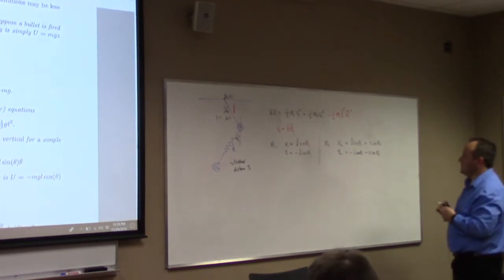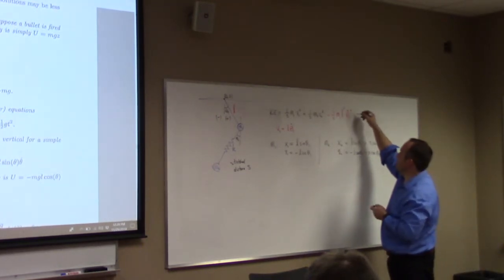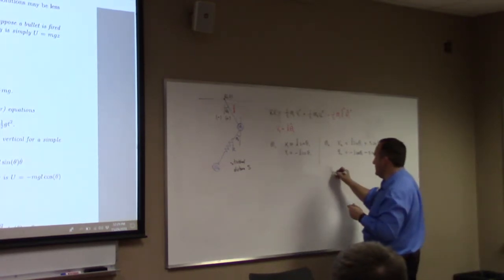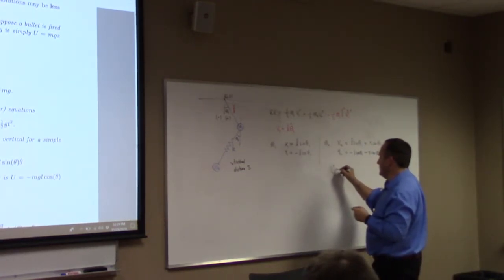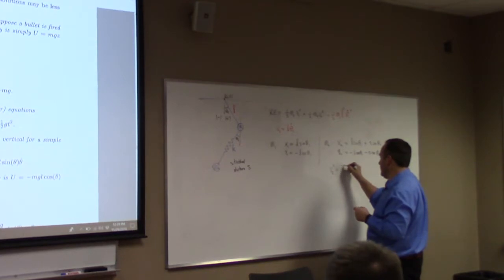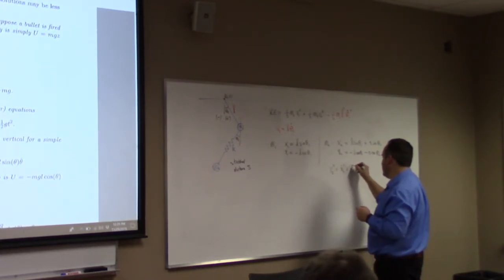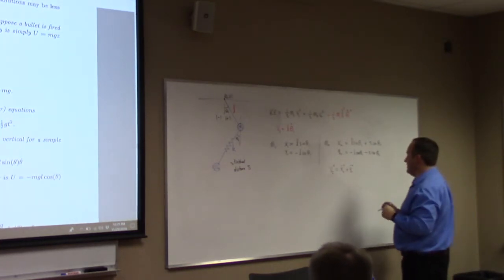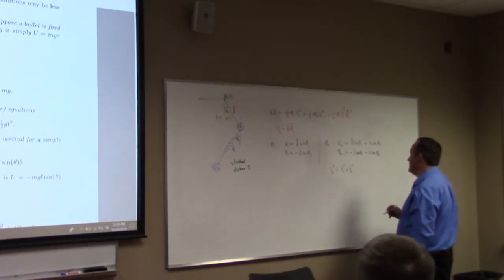Of course, I think the smarter thing to do here, I mean, yes, you could say that V2 squared is x2 dot squared plus y2 dot squared. Fair enough. But I guess I need to actually work that out.